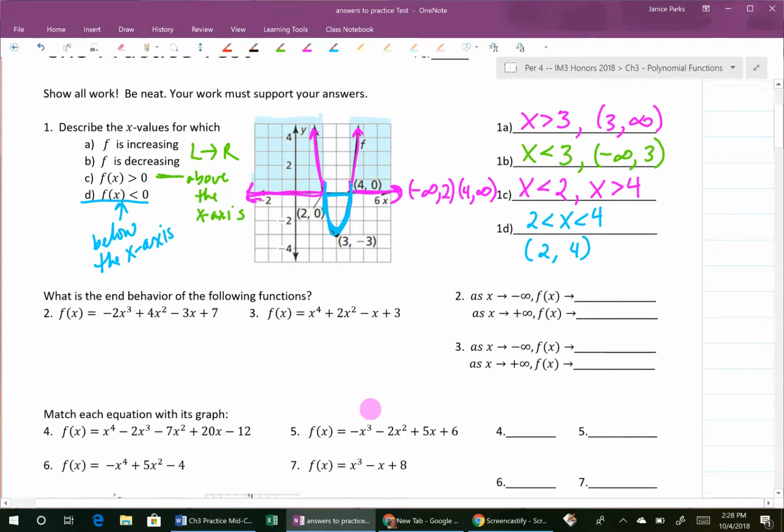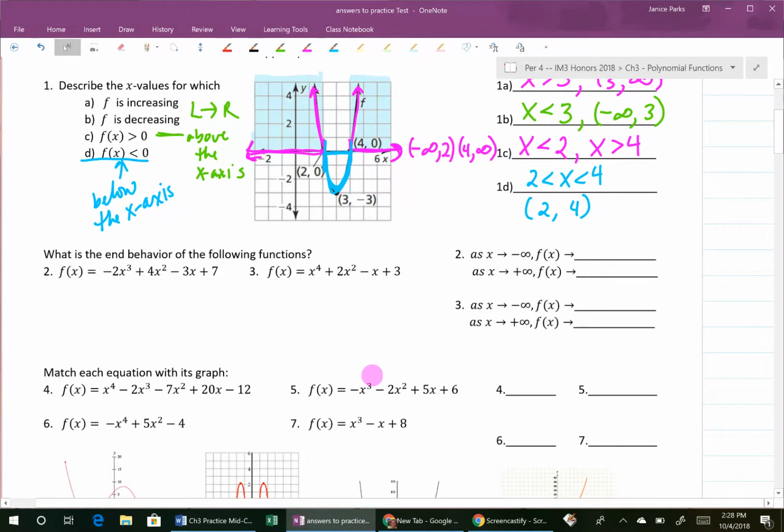For the next part, when they're asking you for end behavior, it's like which way are the arrows pointing at the ends of your function when you draw the graph. This has to do with the degree of your polynomial and the leading coefficient. Here the degree is 3, so it's odd. That means the ends are going in opposite directions. The a value, or leading coefficient, is negative, so it's sloping downward, kind of like a line would slope.